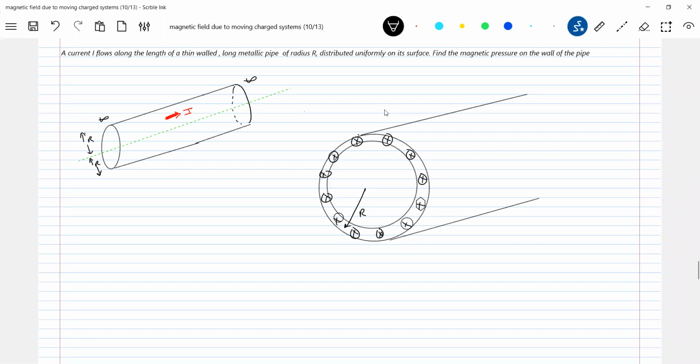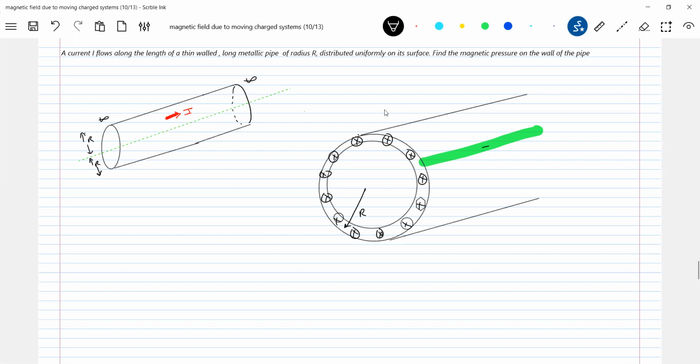So here the current I is flowing. Now let me assume a strip. I'll calculate the force acting on the strip, force per unit area of the strip. That force per unit area will become the pressure, the electric pressure. How is the current flowing throughout the surface?